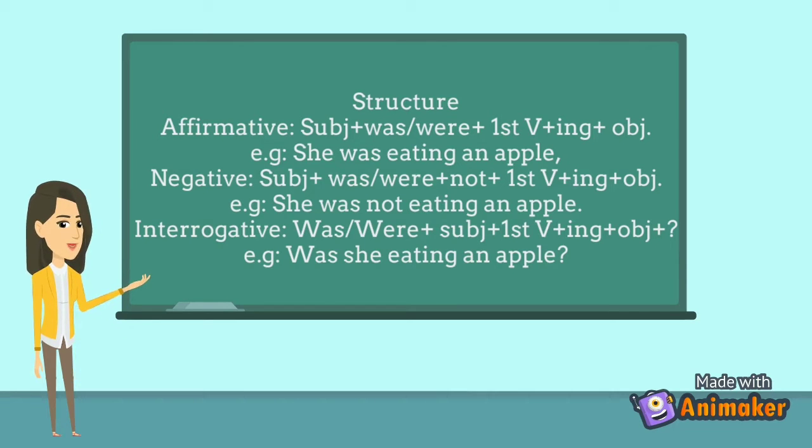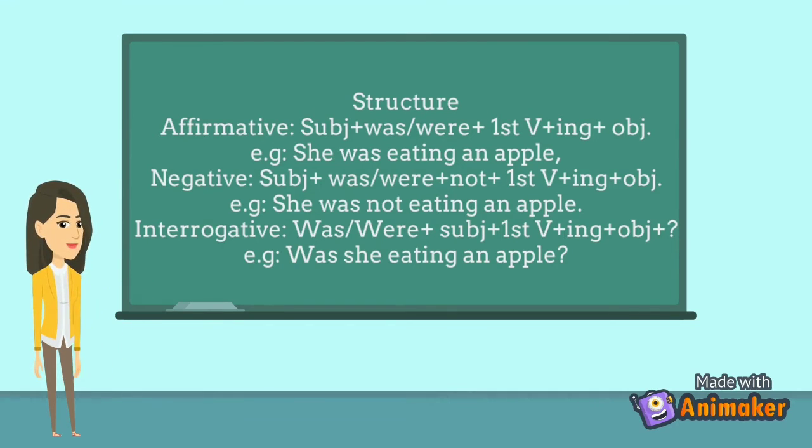Next we have the interrogative sentence, in which we ask questions. In these sentences, at the end we put a question mark and the helping verb comes at the start. The helping verbs which are used over here are was and were. So in interrogative sentences, these helping verbs will come first.